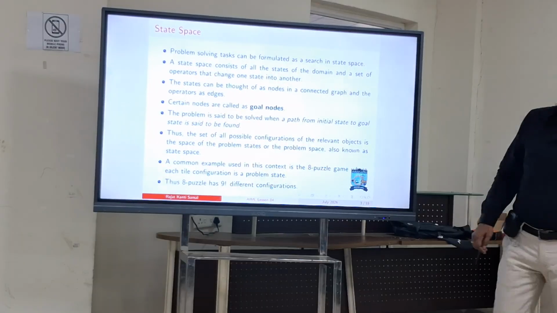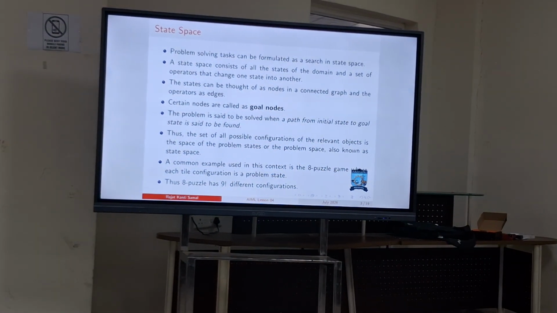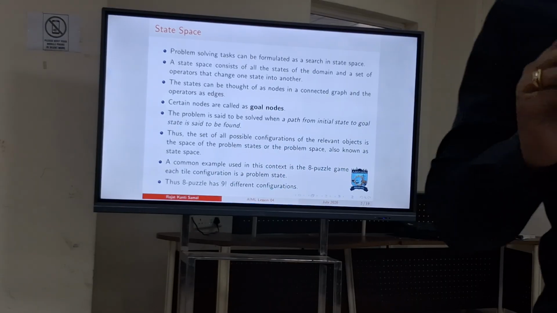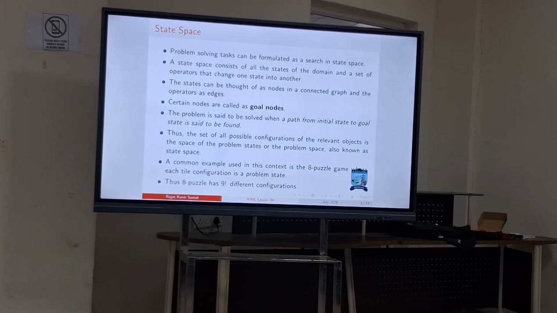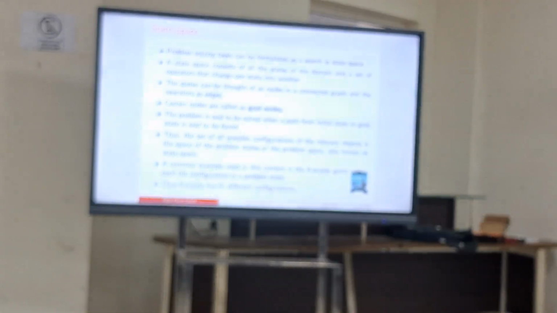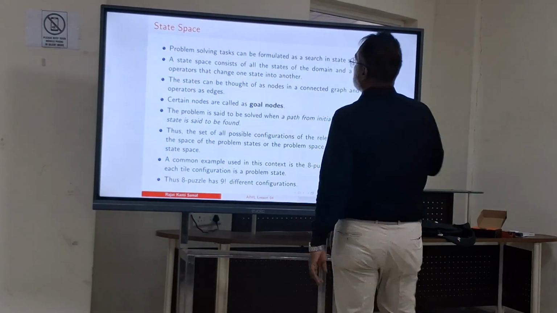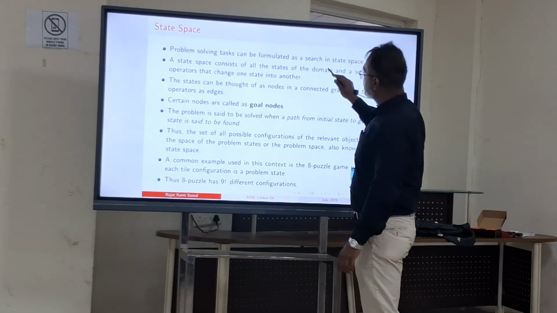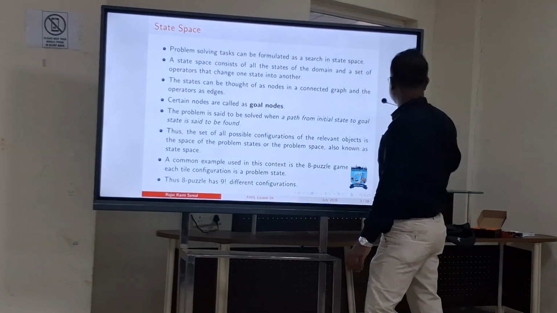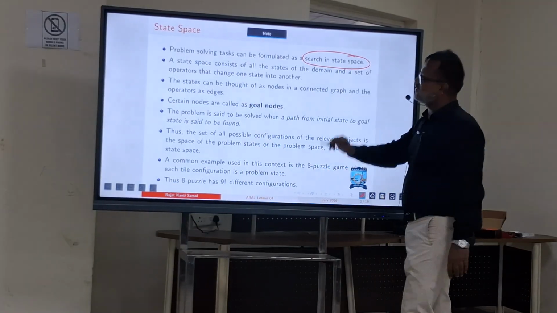So, as I told you, what is a state space? Who can define state space? Anyone? Problem solving tasks can be formulated as a search in state space. So we are searching in state space.